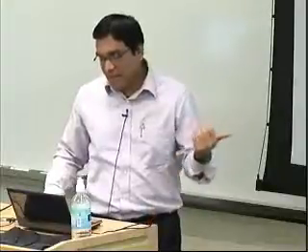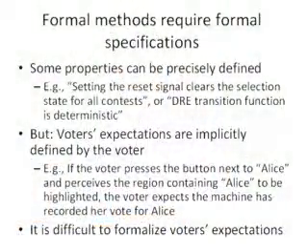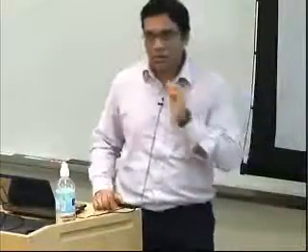So one of the things we did was, instead of trying to verify software, we went to hardware and used standard verification tools like SMV to verify our design. But I think the state space is not so much of an issue. I think a bigger issue is that in order to use formal verification tools, you need formal specifications. This is okay for some properties, which you can define precisely.